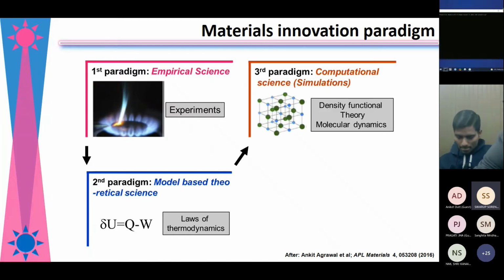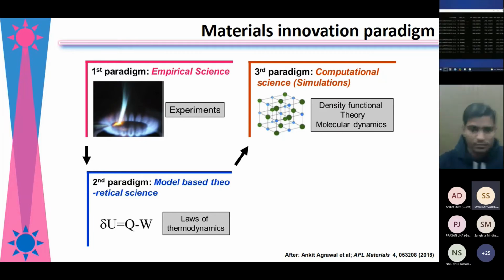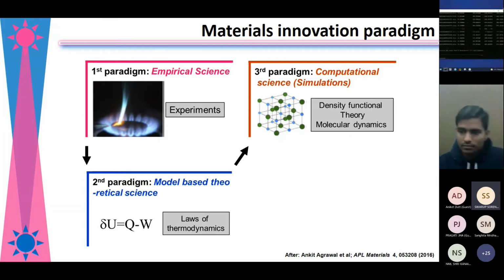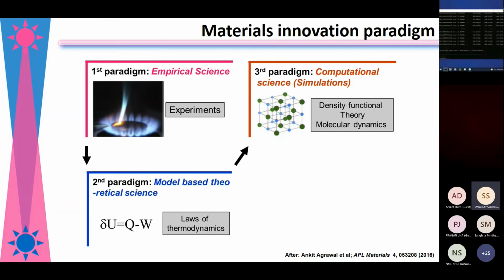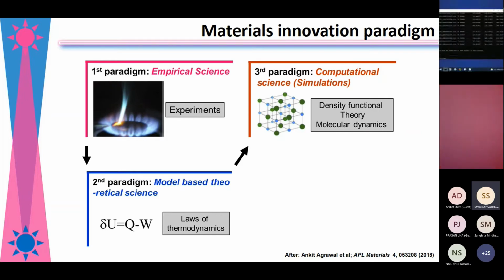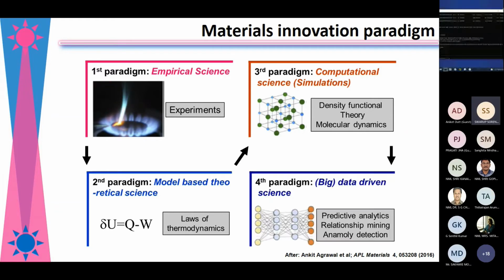And then in the third paradigm, we started doing computational predictions using simulations and modeling, and those techniques required very strong computational facilities, and the process was slow then. But today we are running into the fourth paradigm of data-driven science, where we want more and more data to statistically analyze and predict what could be new materials and processes that can be applied.